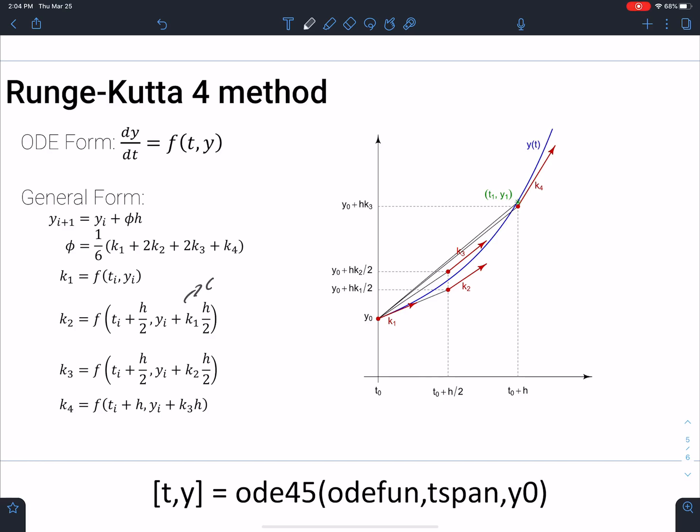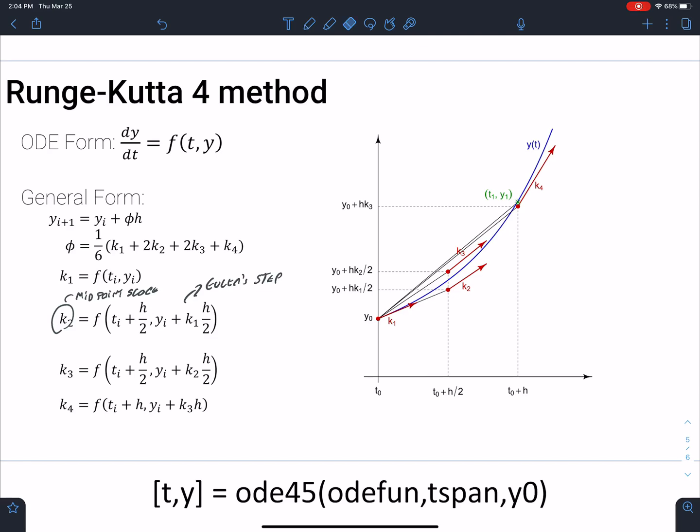This is the step using Euler's method. And then we can call this guy the midpoint slope. Right? And so that's K2.